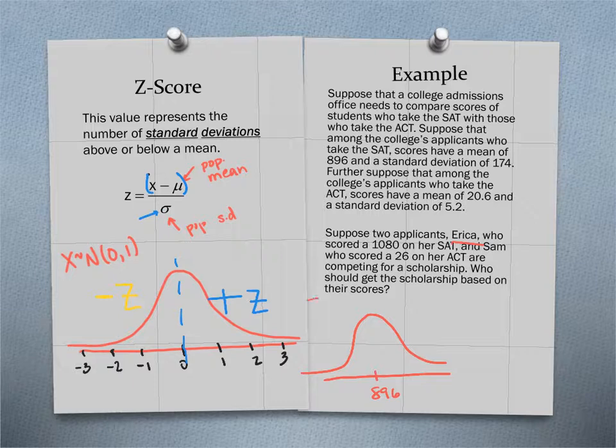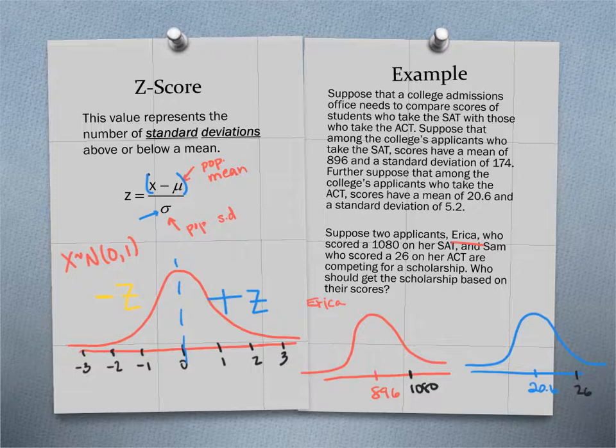And this is Erica's curve. And then we have Sam, who took the ACT, and her mean is 20.6 on her curve. Now, each applicant scored a certain score. Erica scored a 1080, which sits somewhere out here, and Sam scored a 26, which sits somewhere out here. So we can see that both these people scored above the mean value.